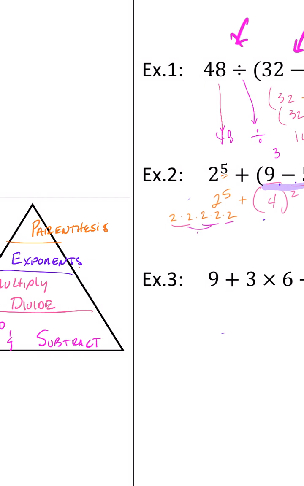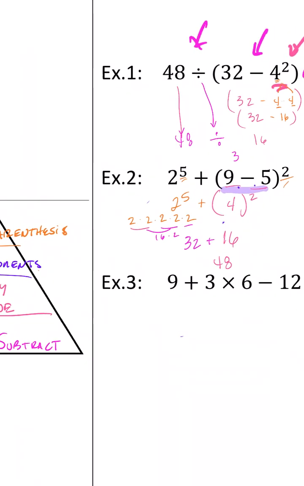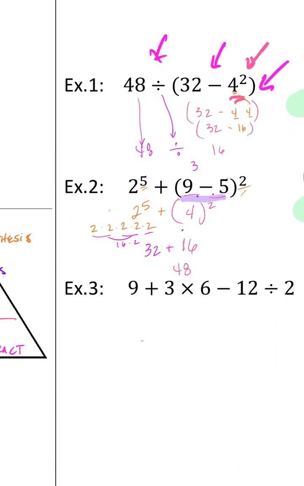So that's going to be 16 times 2. That's going to be 32. And 4 squared is 16. 32 plus 16 is 48. And that's what we get for that answer.